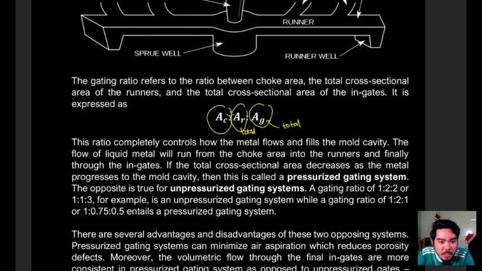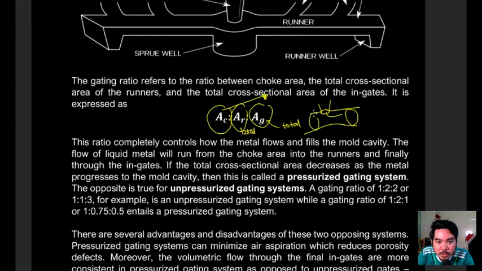Okay, so if the area is increasing, so from choke area to the in-gates, if it's increasing in value, therefore parang we are saying na we are relieving pressure, tama? Kasi if you think about it, kunwari sa choke area sobrang liit niya, tapos once it leaves the choke area, biglang maluwag na dito.